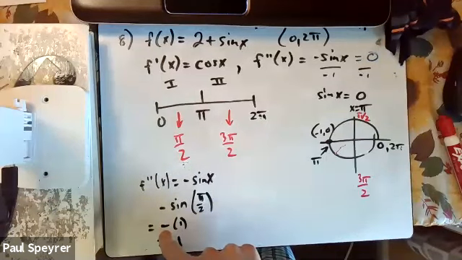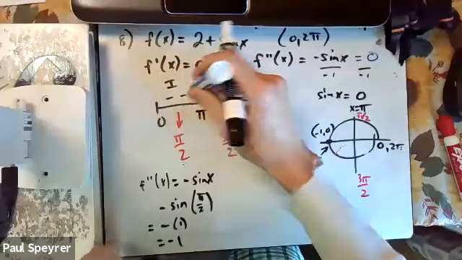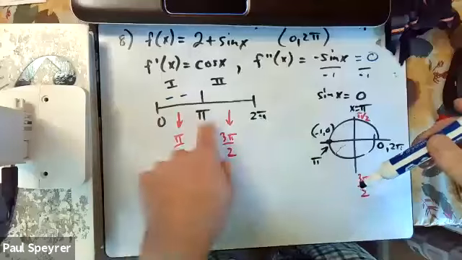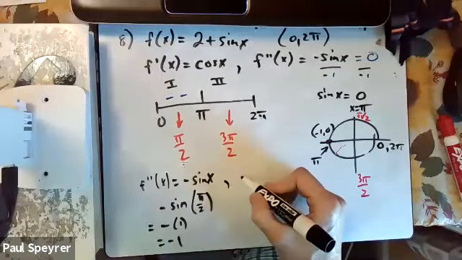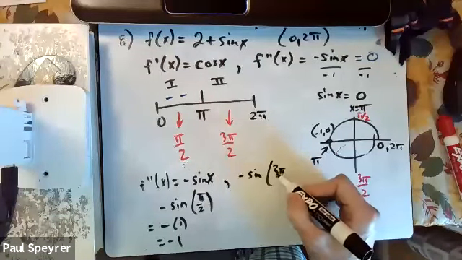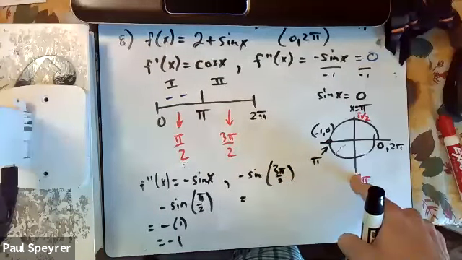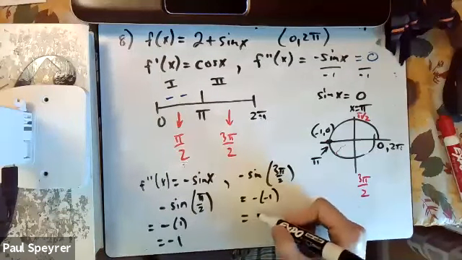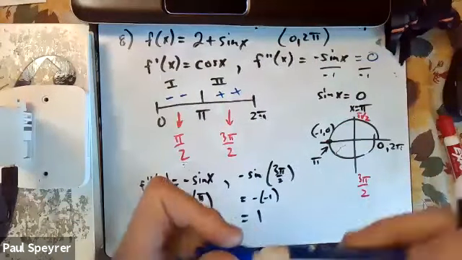So that tells us that anything within the first region is negative, or concave down between 0 and pi. What about negative sine of 3 pi over 2? Well, sine of 3 pi over 2 is negative 1, but you have a negative on the outside, so negative times negative 1 is positive 1. That tells us that this is positive right here.